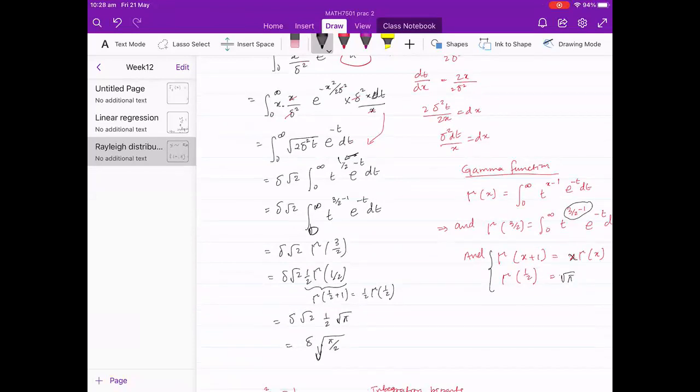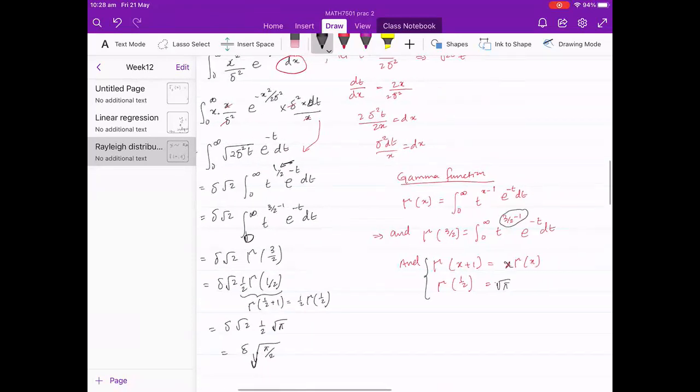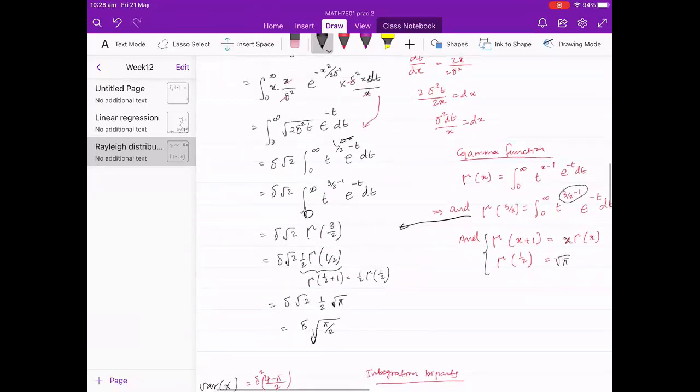So this is gamma 3 over 2 from here. And gamma 3 over 2 is equal to gamma half plus 1.